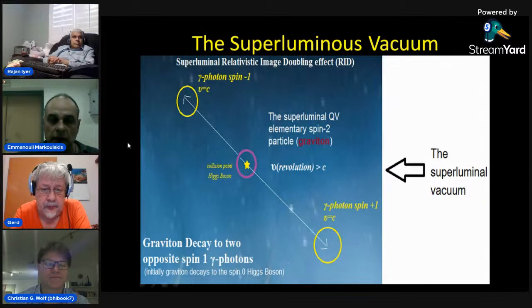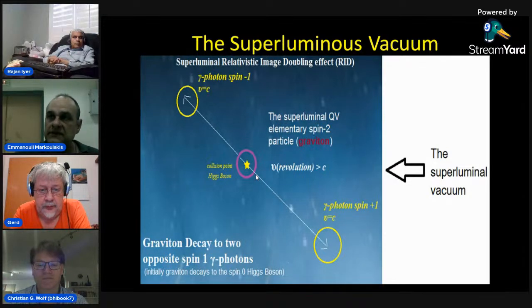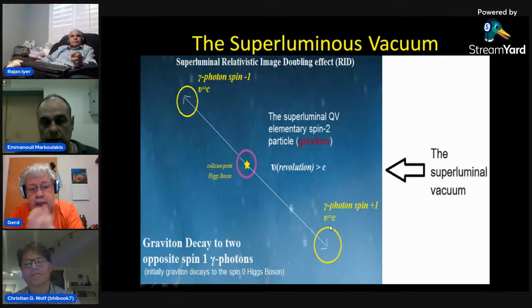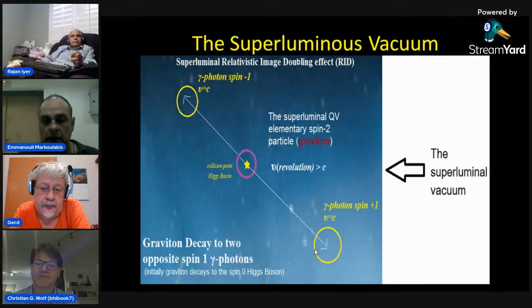By taking the graviton out of its superluminal energy state and transferring it to our Einsteinian spacetime, in a phase transition actually, it immediately ejected these two photons. So the impact energy which generated the Higgs boson decays automatically to two gamma photons, right?